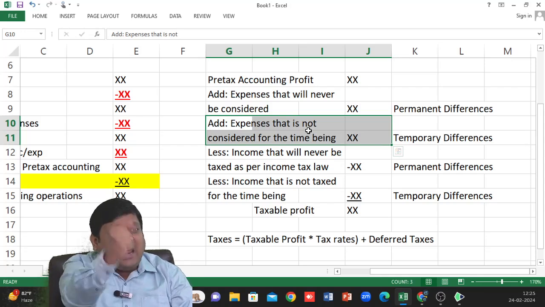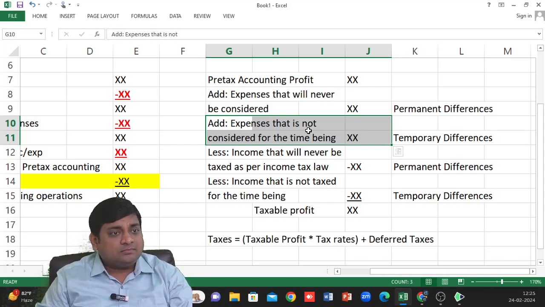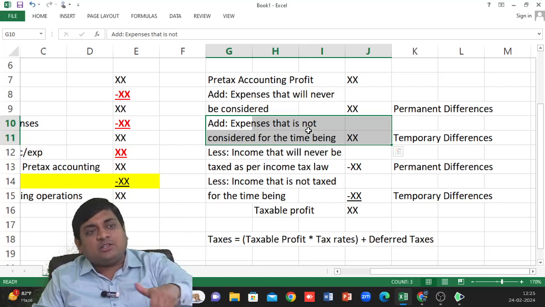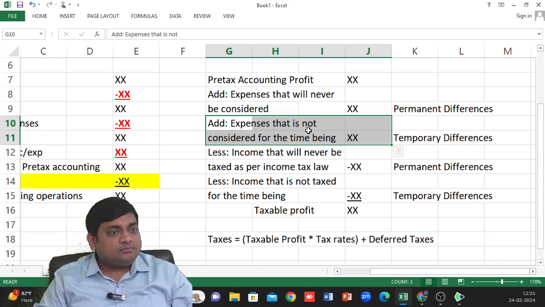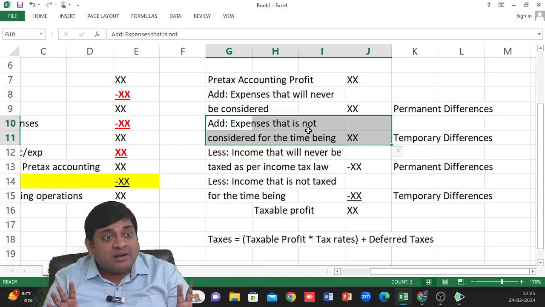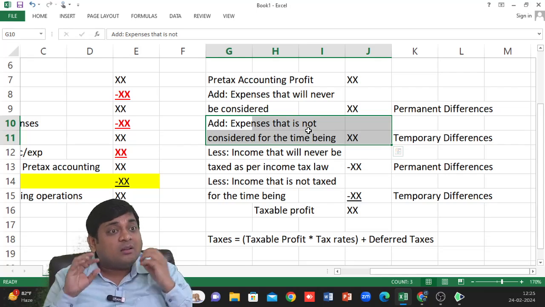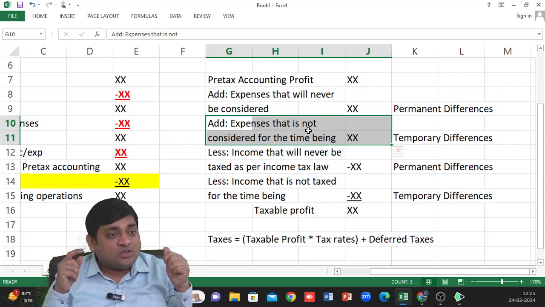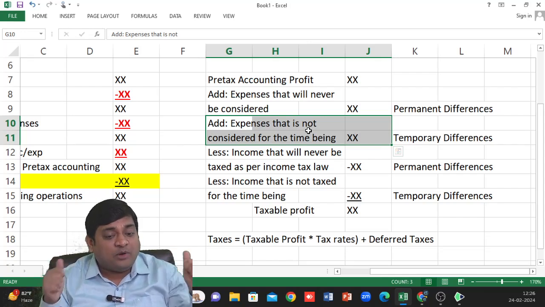Income which is not taxed for the time being. So as a result, my taxable profit is lower. I'm not talking about those incomes and expenses that will never be considered. Those are permanent differences. We are only going to look for temporary differences. So deferred tax is created only for temporary differences.